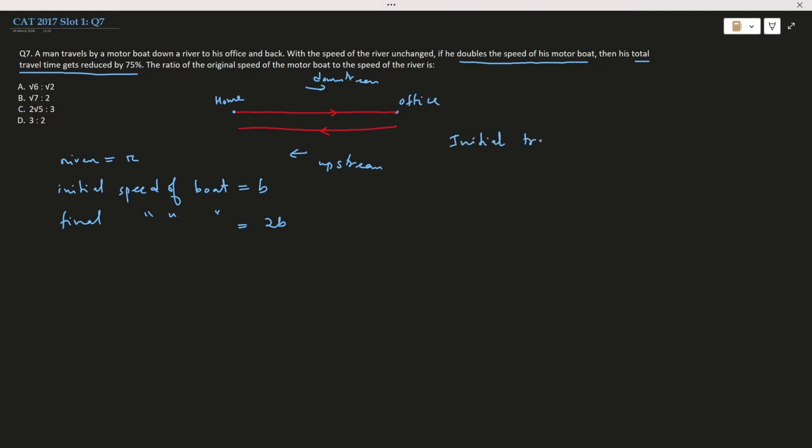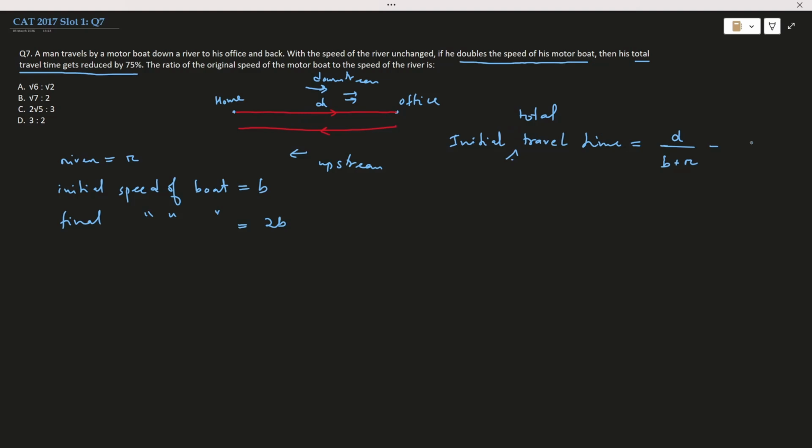Initial total travel time. Let's say the distance is d. So distance by speed. Speed will be speed of boat plus speed of river, because while going he is going downstream, moving along the direction of the flow of the water, so b plus r.